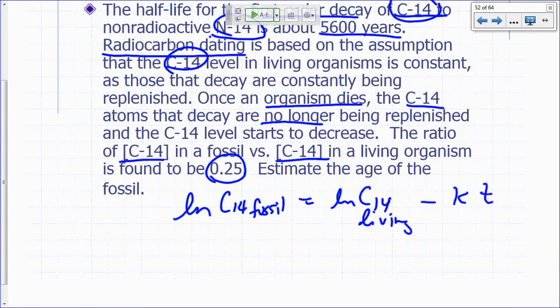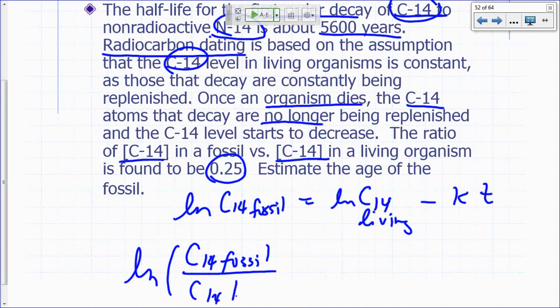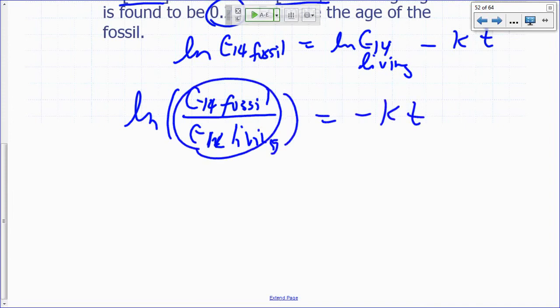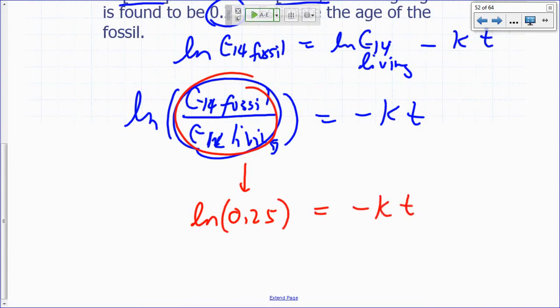So ln of carbon 14 in the fossil over carbon 14 in the living is equal to negative kT. What's the ratio of the fossil to the living? It's 0.25, equal to negative kT.